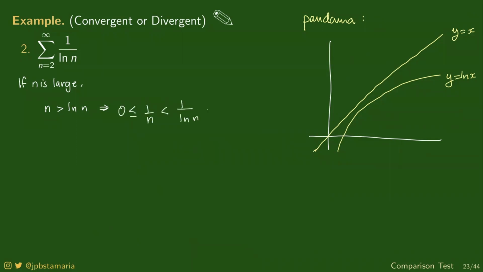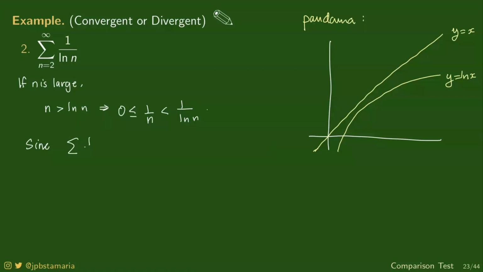Okay. Anong alam natin tungkol sa sum ng mga 1 over n? Divergent or convergent? Divergent. Correct. So, yung sum ng mga mas maliliit, divergent. So, yung sum ng mga mas malalaki, must also diverge.